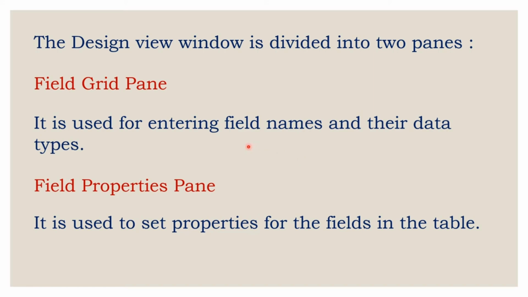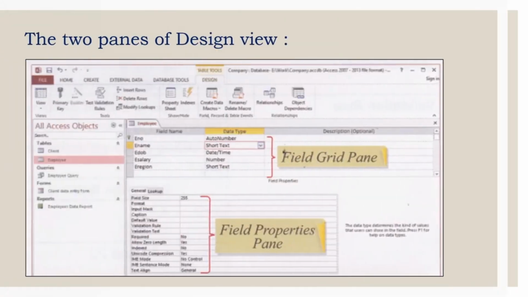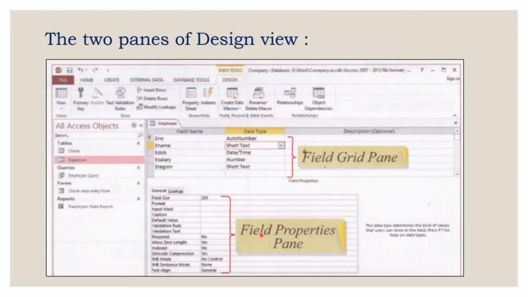Field grid pane is used for entering field names and their data types. Field properties pane is used to set properties for the fields in the table. Here you can see the two panes of design view. This area is known as field pane and the second area is known as field properties pane.